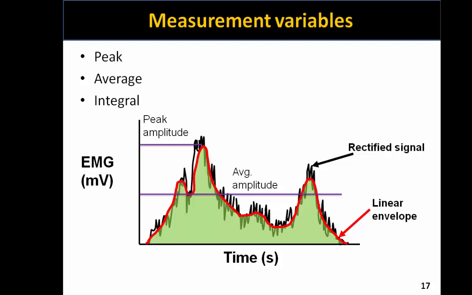Another very common approach is to take the area under the rectified signal or the area under the smooth signal, and that is referred to as the integrated EMG. Although this is beyond the scope of our discussion here, taking the area under this curve is the mathematical definite integral of this tracing.